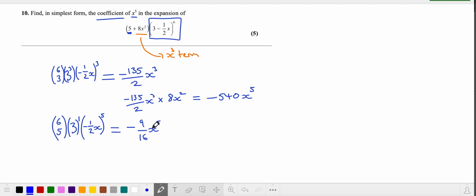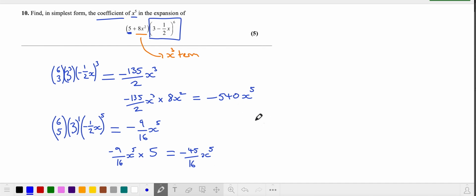That term still needs to be multiplied by the 5 from this bracket. Minus 45/16 x to the power 5.